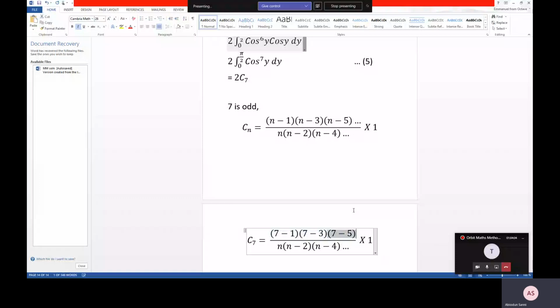So that your C7 becomes equal to 6 times 4, 24, 24 times 2, 48, divided by 7 times 5, 35, times 3 times 1, so 48 over 105.